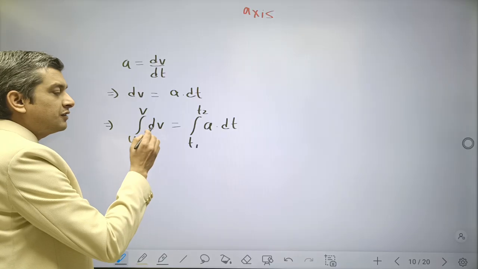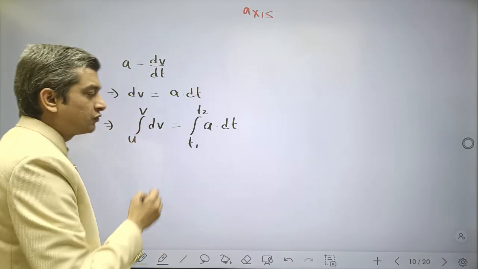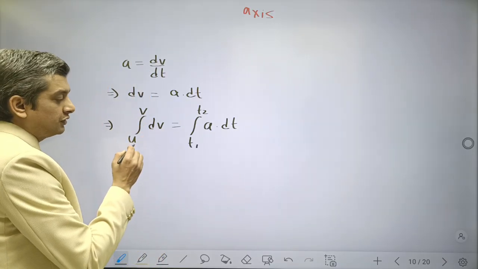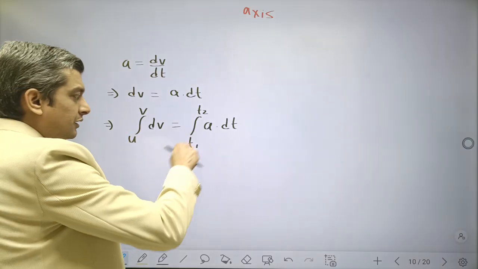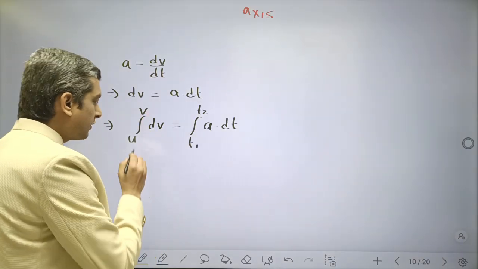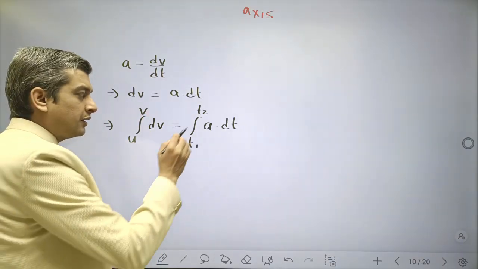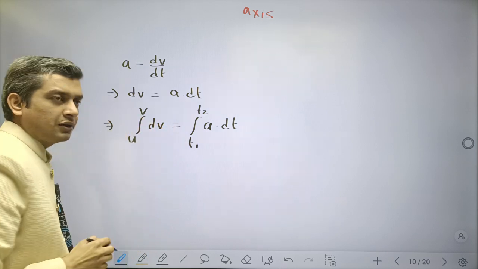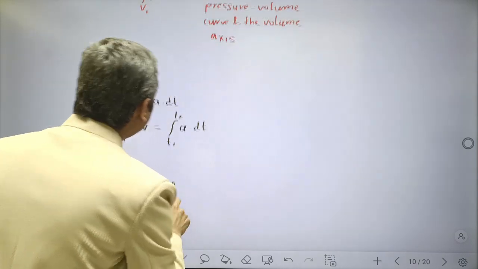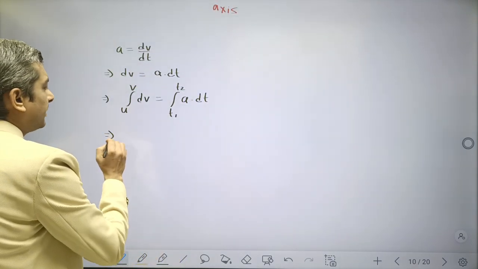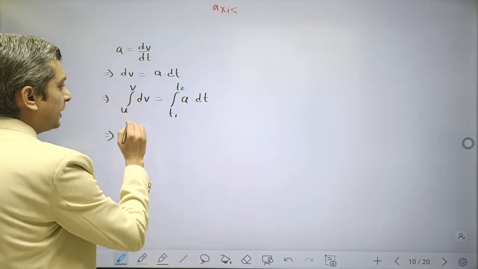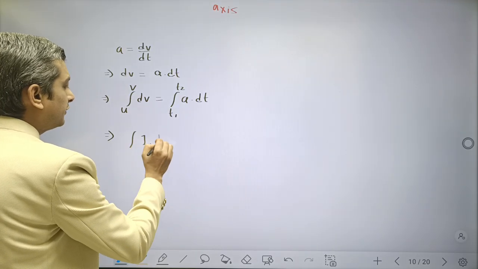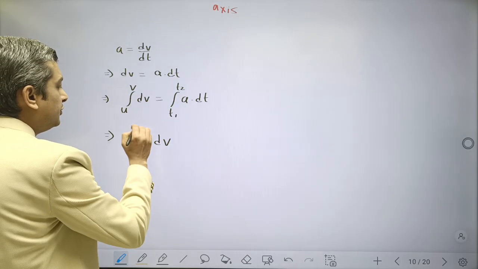Here, this is an infinitesimally small change in velocity, so here we put the limits of velocity, u and v. Also, they are interconnected: at time t1 the velocity of the particle is u, and at time t2 the velocity of the particle is v, isn't it? So on solving it, we will get the integral of dv from u to v.